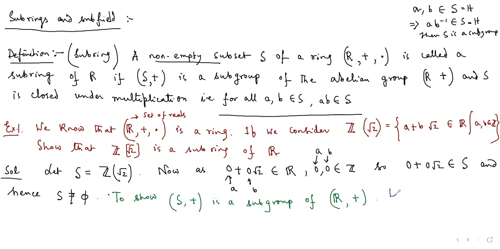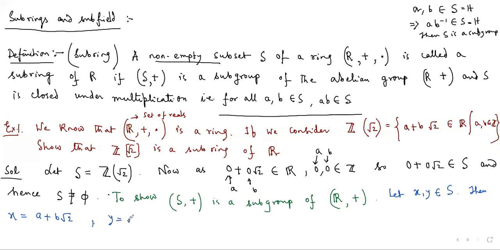Let X, Y belonging to S. I'm choosing two elements from S. Then X is of the form A plus B root 2.